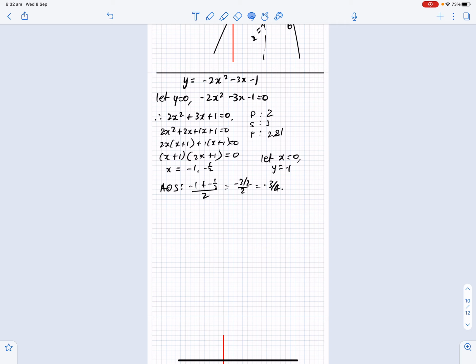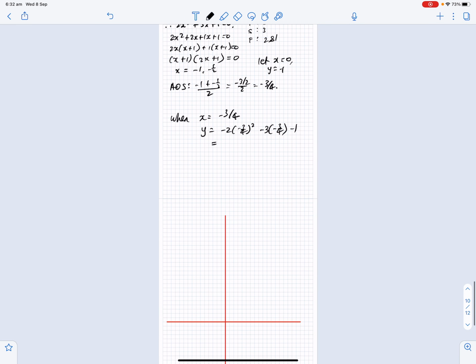And your vertex, it's not any harder, it's just more difficult numbers. So now you're going to sub in x is equal to minus 3/4 into the equation of the parabola, and you're going to get your answer for y.